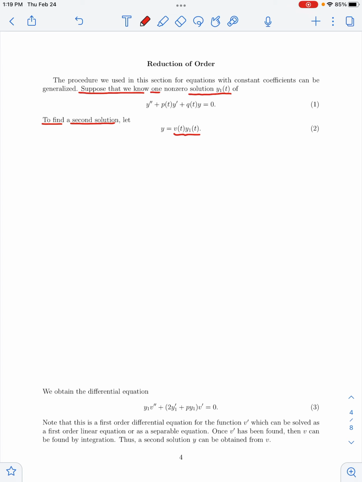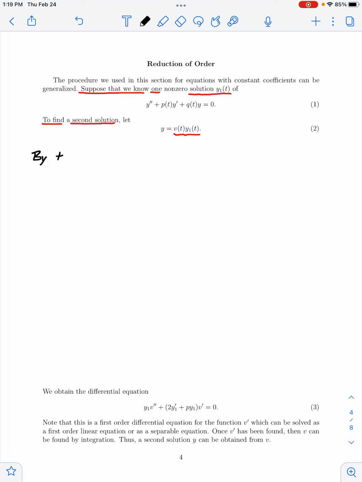So in order to find v that would make this function a solution to our differential equation, we need to substitute this function into our equation and see when it would be satisfied, which means that we need to find our first two derivatives.